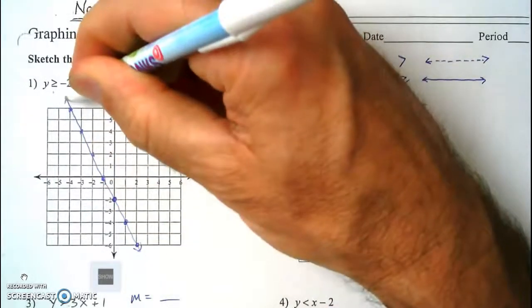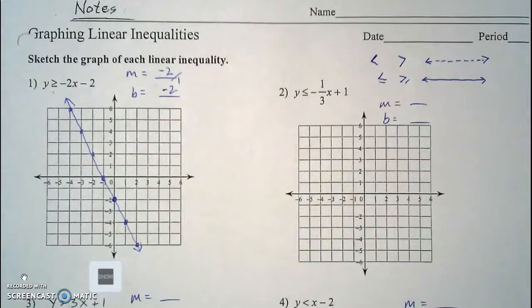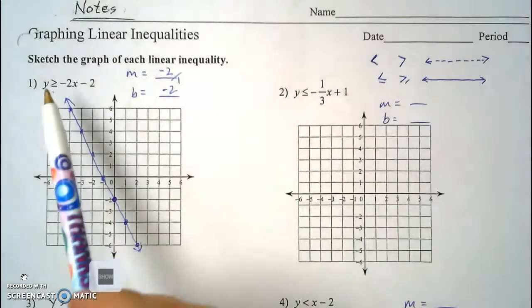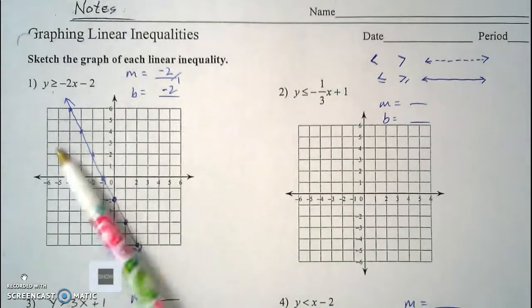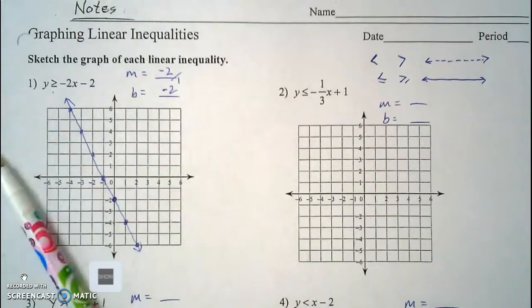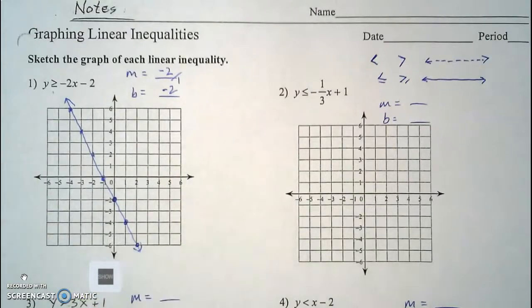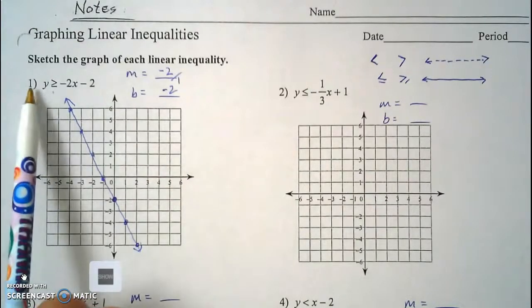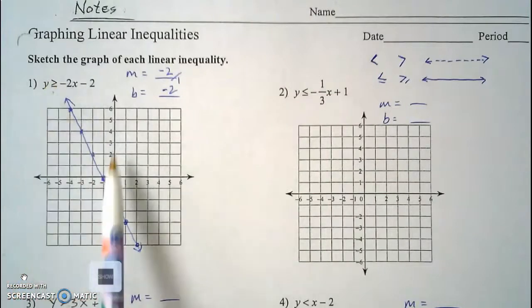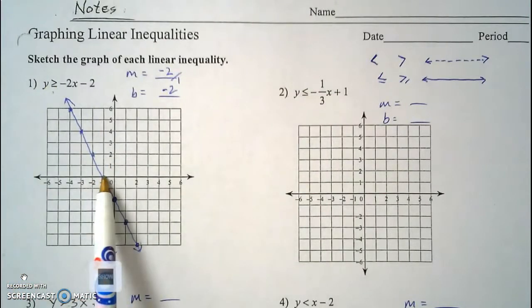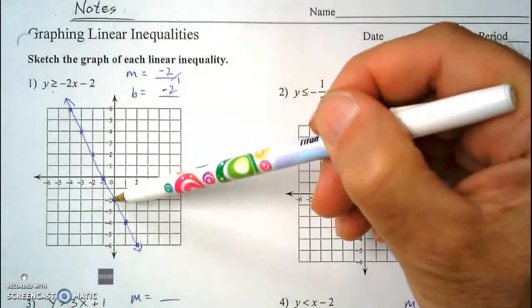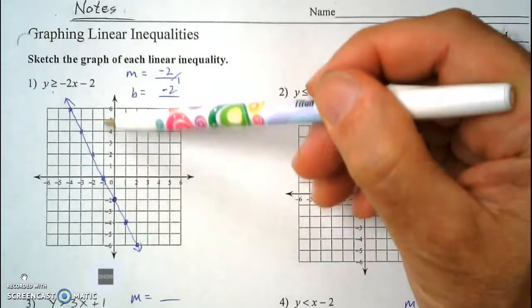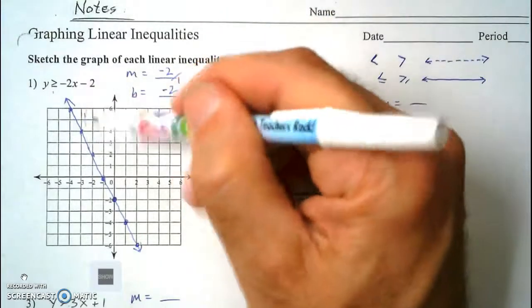Now I'm not done. If that's an equal sign, the points on the line are solutions and make it true. Well, this is not an equation. So all the points on either this side of the line or that side of the line also make it true. And since it reads y is greater than or equal to, if you put your pencil on any point on the line and it says greater than, then you will shade above the line.